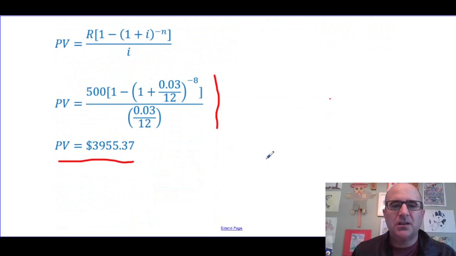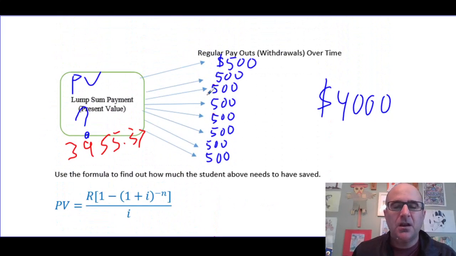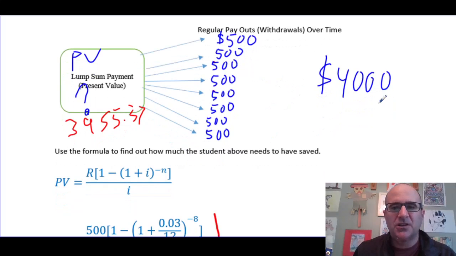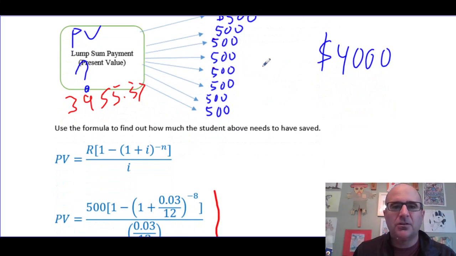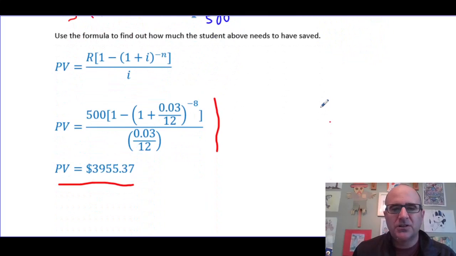When you take 3,955.37, you can break it up into 8 payments of $500 spread out over 8 months, which gives you a total of $4,000. So you can see the interest isn't that much. The interest is just $4,000 subtract 3,955.37, so about $45 in interest.